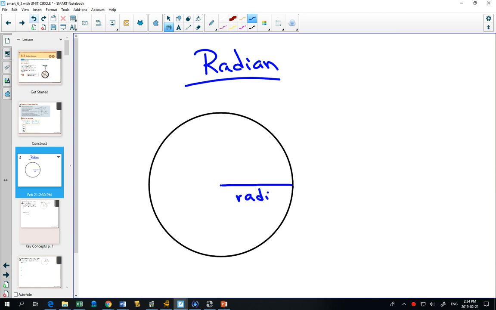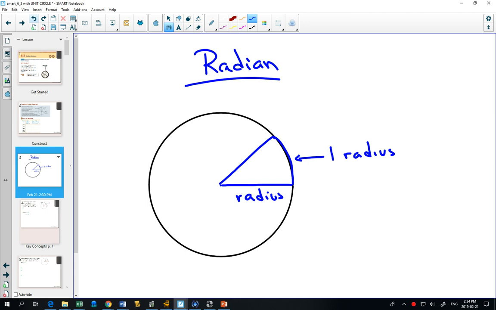Now, if I take my equilateral triangle, which has the same side length as the radius, more or less, and if I push this down until my equilateral triangle bent so that it fit perfectly along the outside of the circle, this would also equal one radius on the outside.